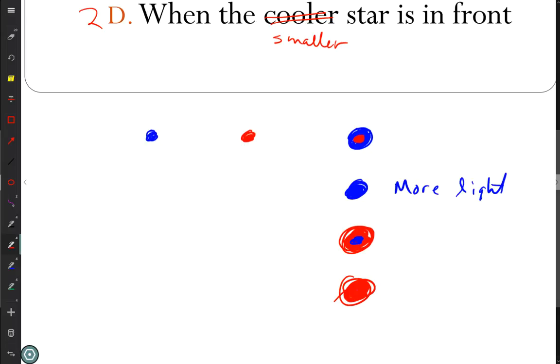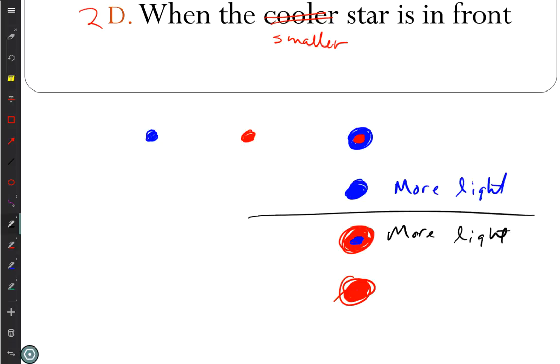Which of these am I going to get more light from? The one with the blue in front is absolutely right. It's more light because it's the same total area, but some of it is hotter.